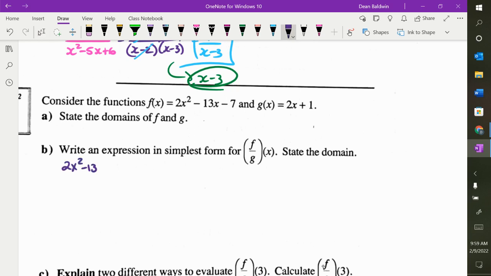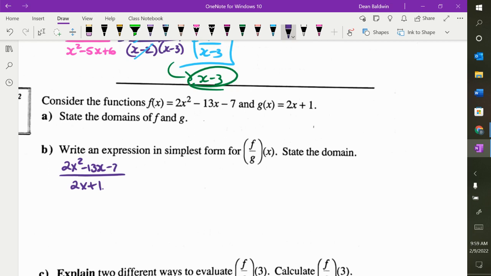2x squared minus 13x minus 7 over 2x plus 1. What's your job right now? What's the first thing you do? Okay, what's the restriction? Ooh.